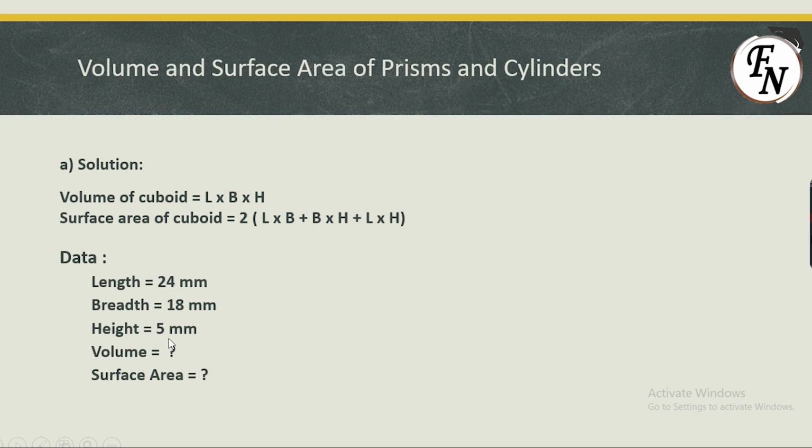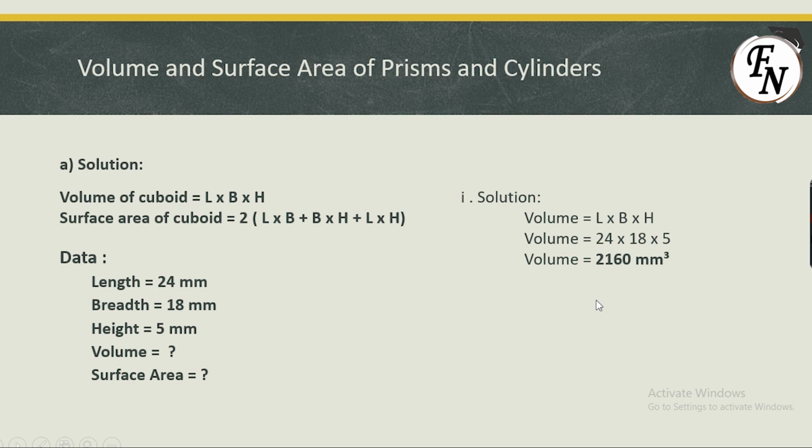I need to calculate volume and surface area. So the formula is volume equals length into breadth into height. All three dimensions are given, so I will substitute them in the formula, 24 into 18 into 5, and we multiplied it and got the value 2160, and as all the readings are in millimeters, this would be millimeter cube.